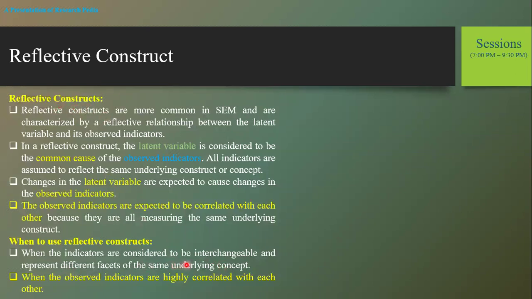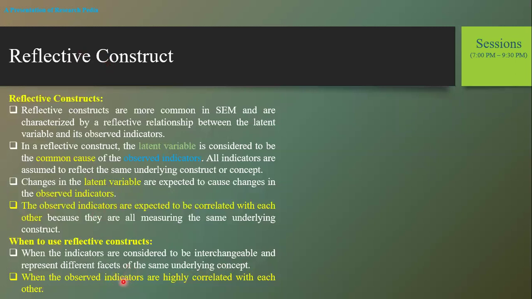When the indicators are considered to be interchangeable and represent different facets of the same underlying concept, you can say those statements or indicators are alternatives to measure that concept. So when the observed indicators are highly correlated with each other, then you need to use reflective constructs.